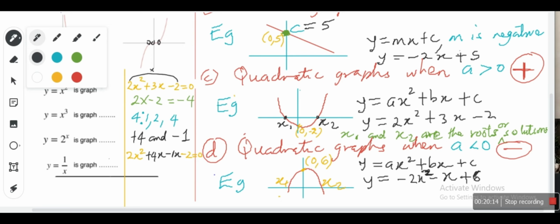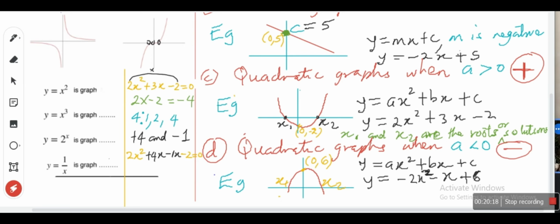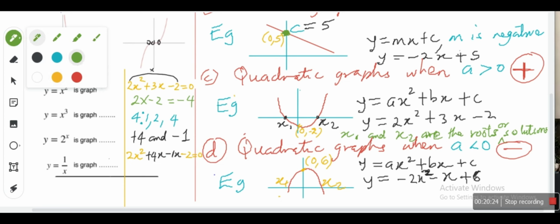The first pair and the second pair. For the first pair, 2 can come out; we have x squared plus 2x, or even 2x can come out. Let's bring out 2x.